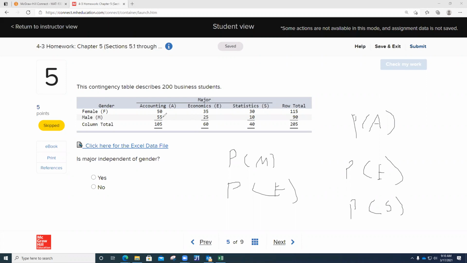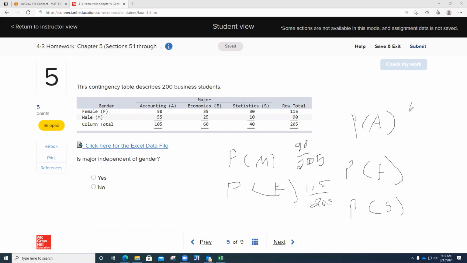So we have 90 males over 205. So that's just 90 over 205. And I'm not going to simplify yet so you can see where the numbers come from. Probability of female is 115 over 205. Right, success over total. That's how many females I have.